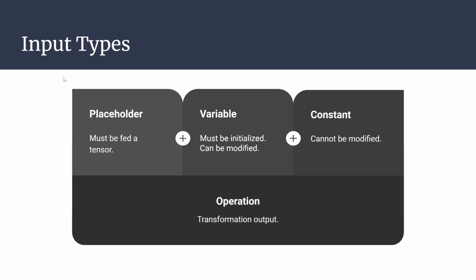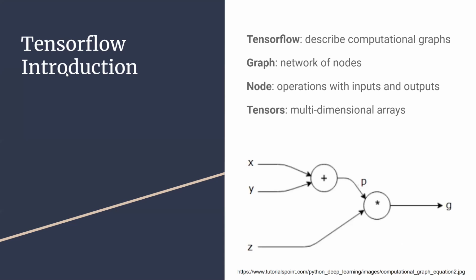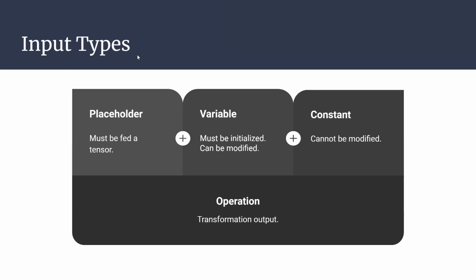Okay. And yeah, so that's on the TensorFlow graph side. And in TensorFlow, there are also different input types. From other languages, we're more used to variables and constants. Variables must be initialized and they can be modified. Constants cannot be modified.